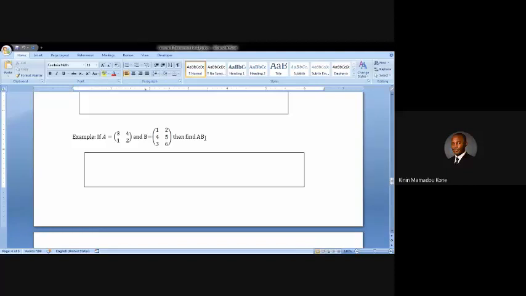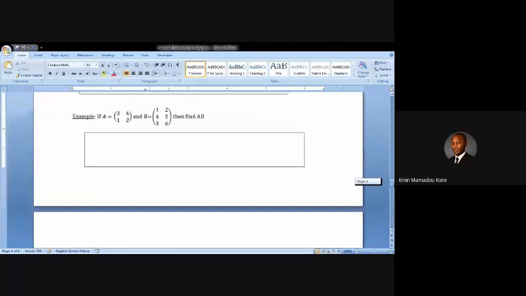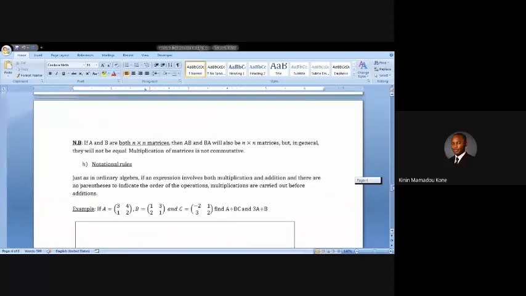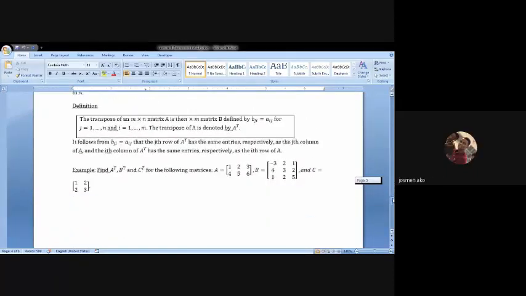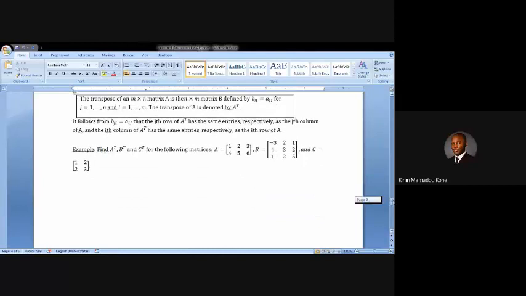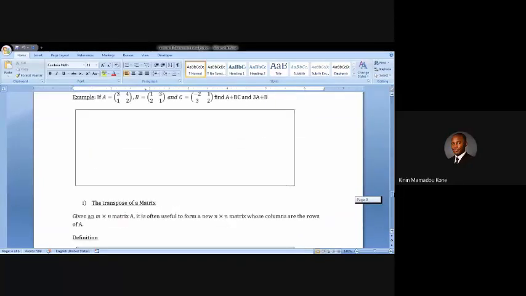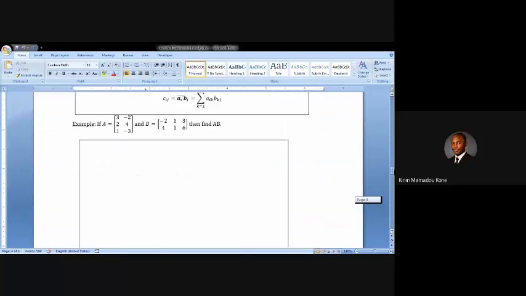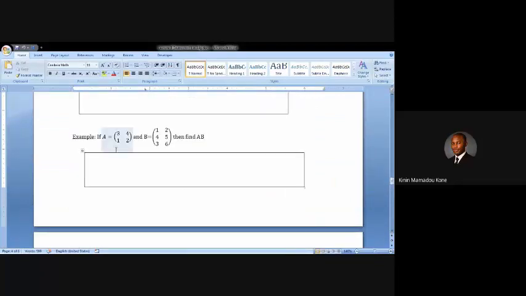So we stop here at this part, and we're going to continue next week. The transpose of the matrix, we're talking about it more next week. So we'll stop here at this example.